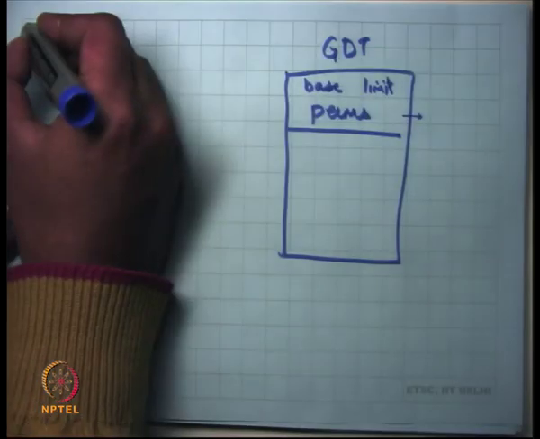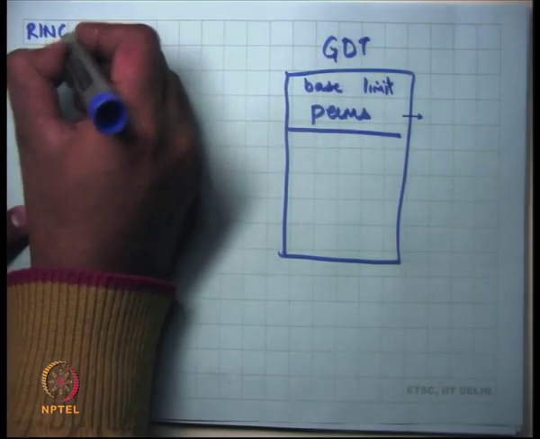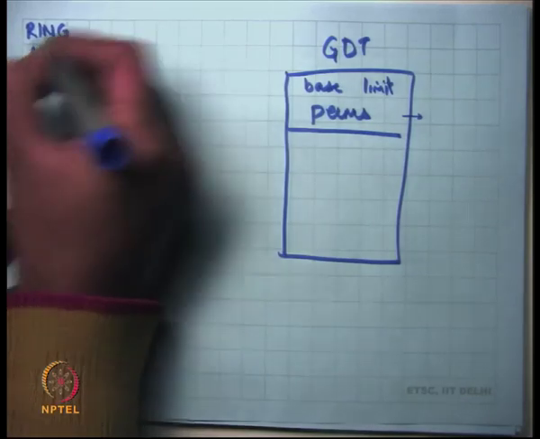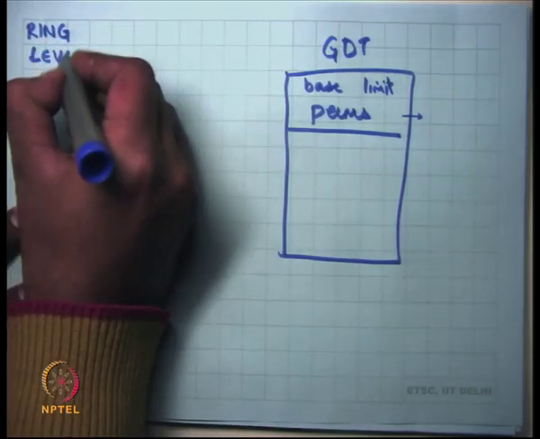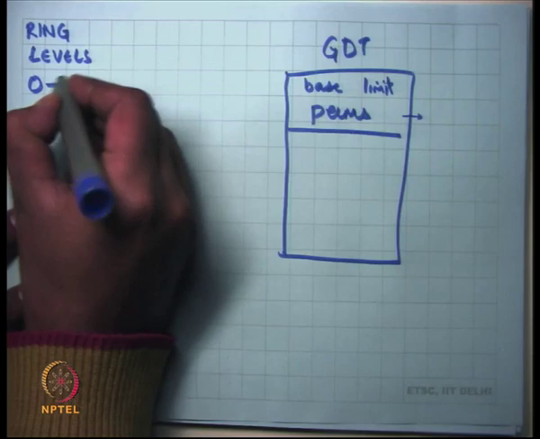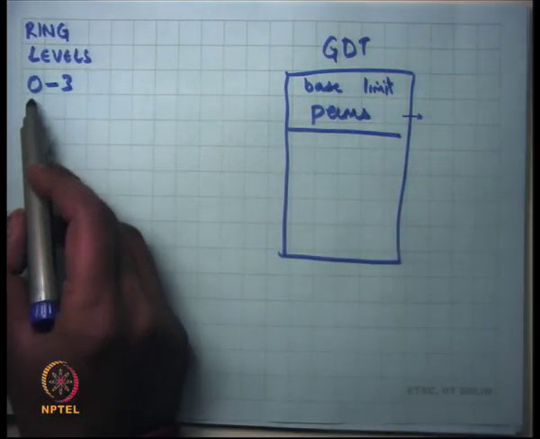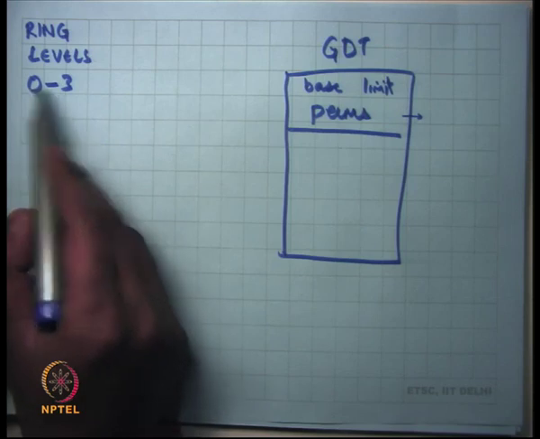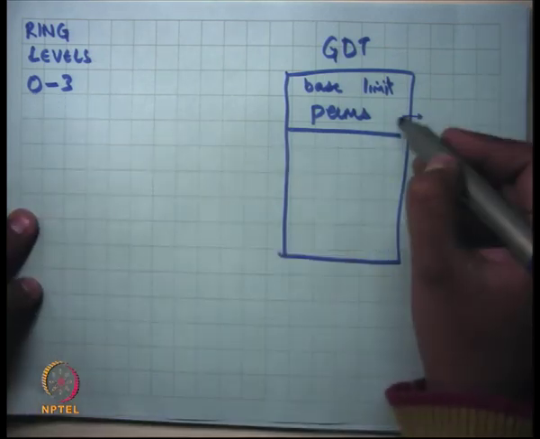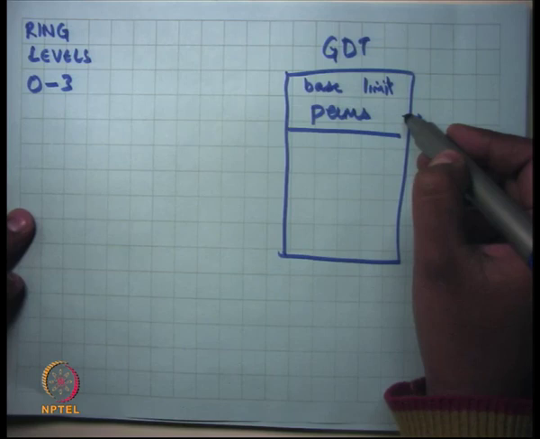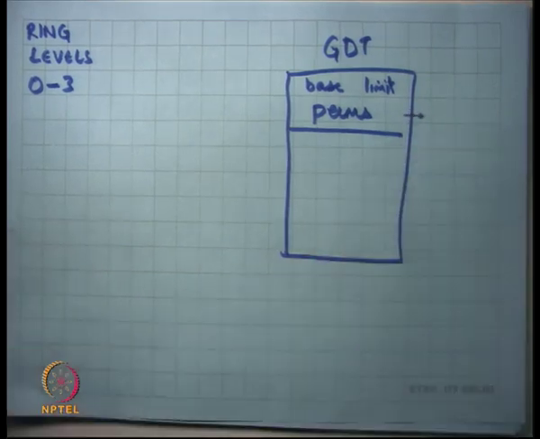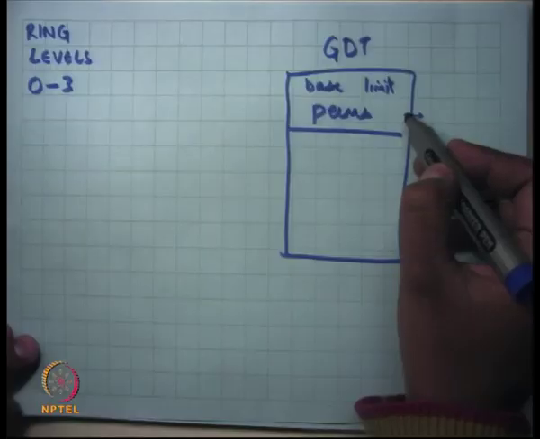We also saw that the x86 processor has this concept of rings or ring levels, and there are 4 ring levels, but for most practical purposes, let's just assume there are 2 ring levels, 0 and 3, right? And so this permission is going to tell you at which privilege level I am allowed to dereference through this descriptor.